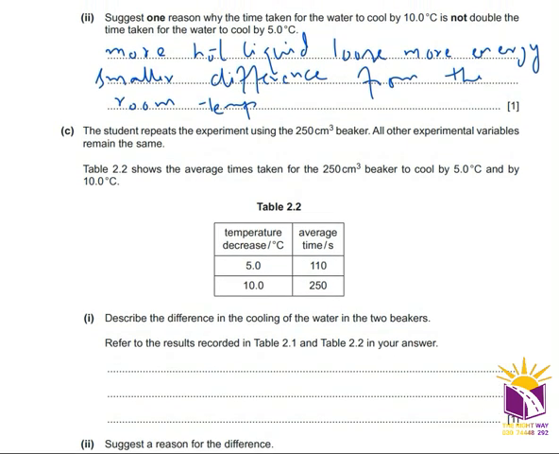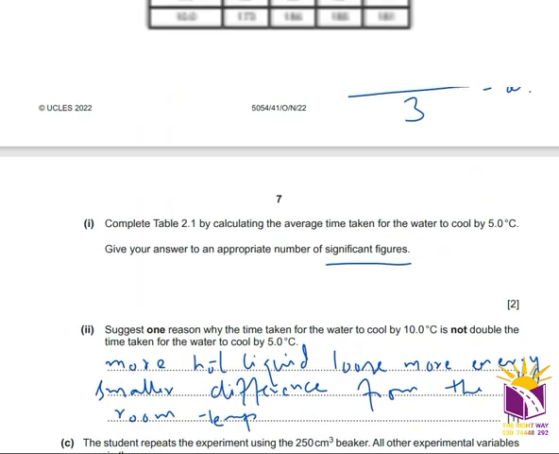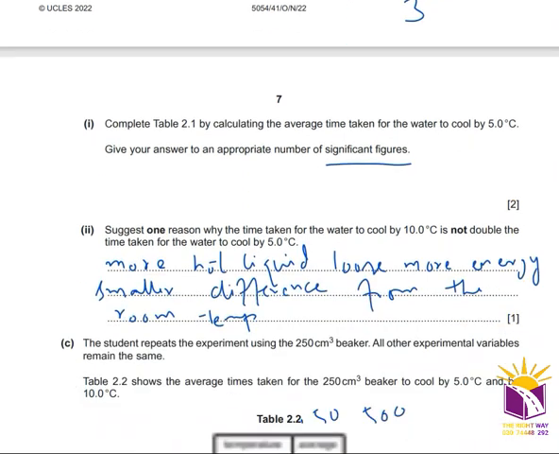I am writing the average time. This is for the 250 centimeter cube beaker, and for the 500 centimeter cube beaker it is 83 and 181.